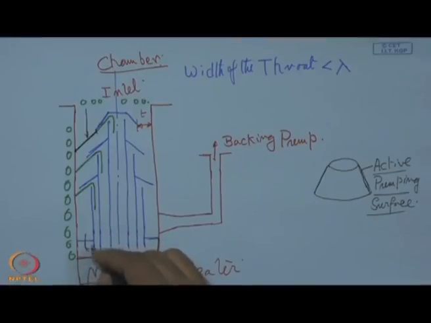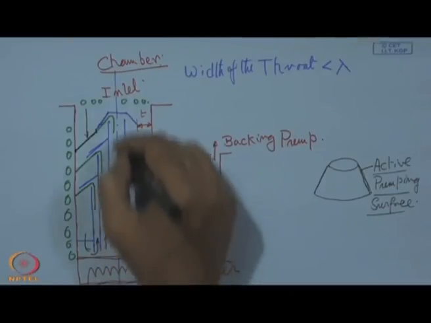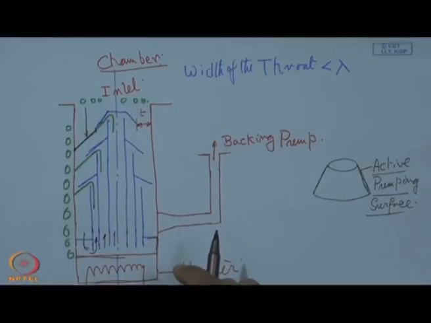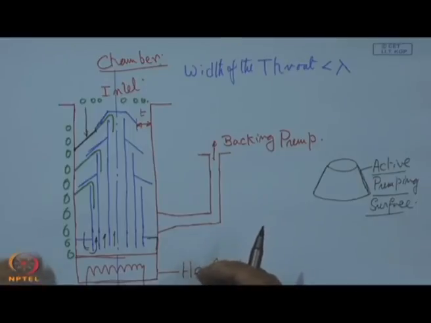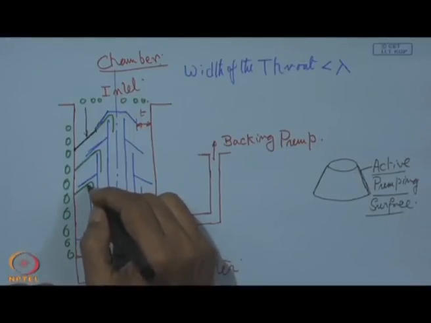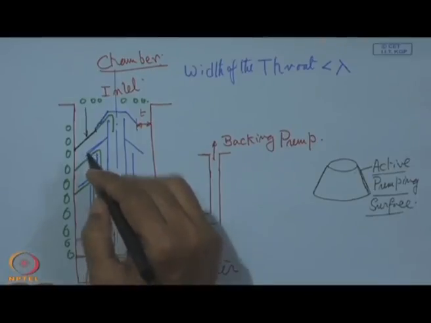So, there will be continuous evaporation and production of oil vapor through these 3 tubes. This is the core, and these are the 2 annular tubes. At the same time there will be deflection of this vapor, where it attains supersonic speed.